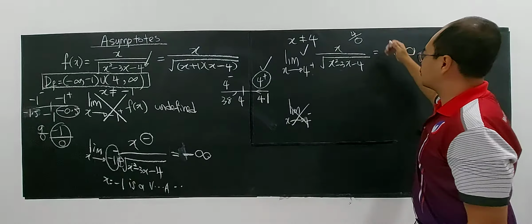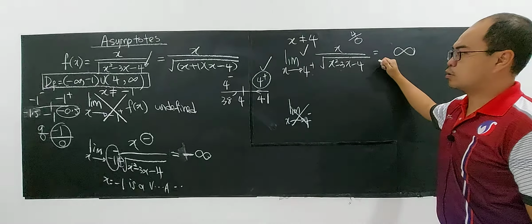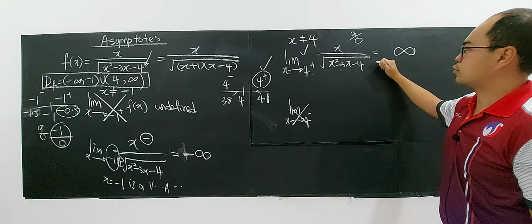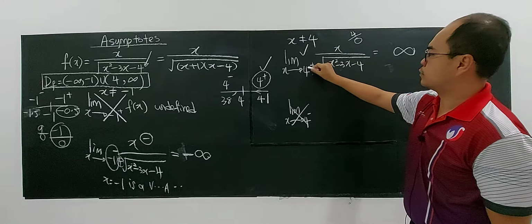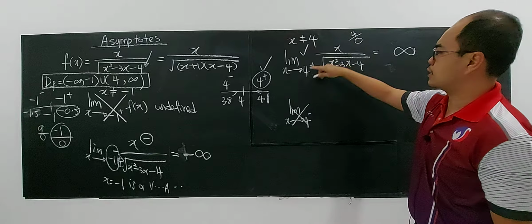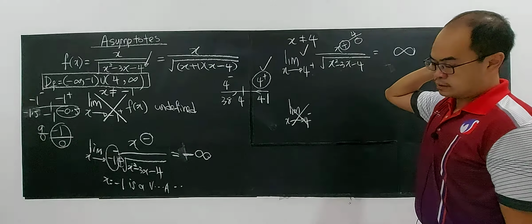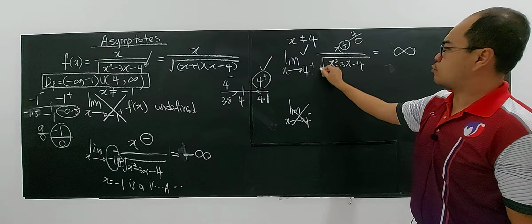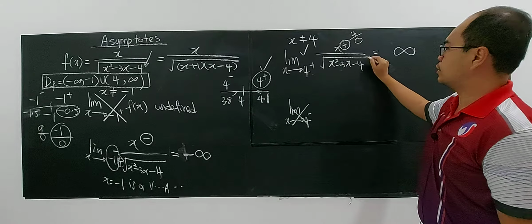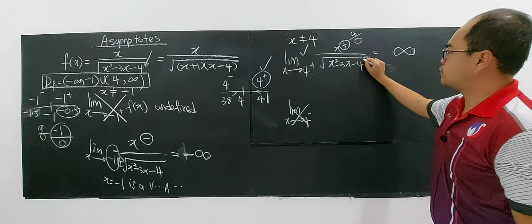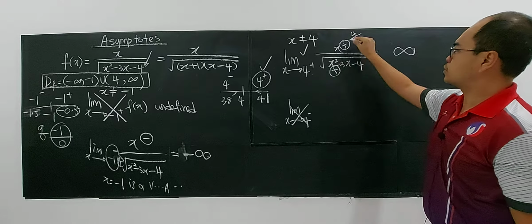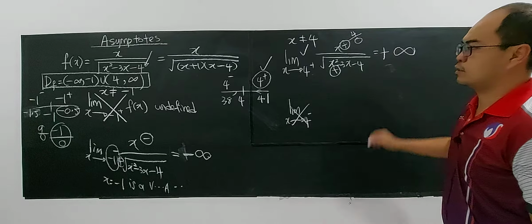So either positive or negative, we should consider the sign here. 4 is a positive number. So as x approaches 4, x also will be positive. But the square root here always produces a positive number. So positive over positive, you're getting positive infinity here.